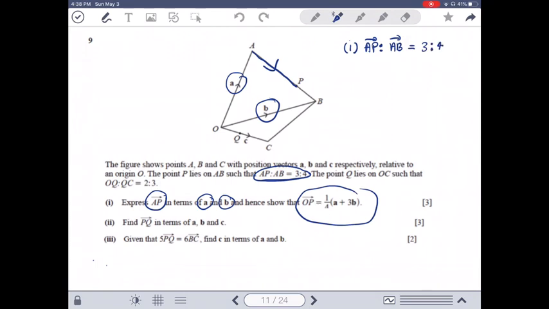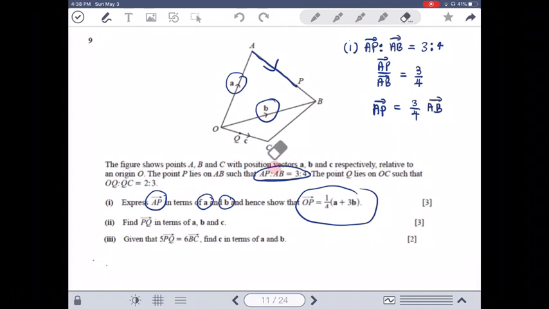Change that into fraction form. We will have AP over AB equals 3 over 4. Therefore, AP is just 3 over 4 of AB.